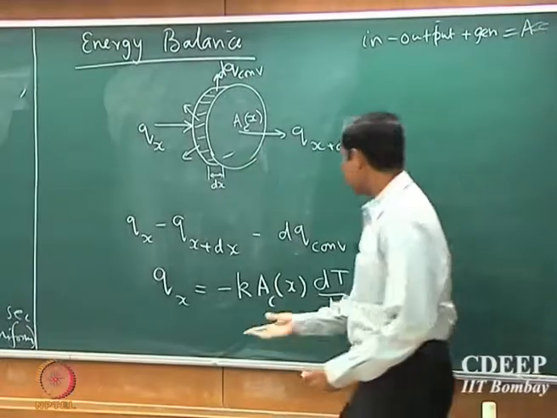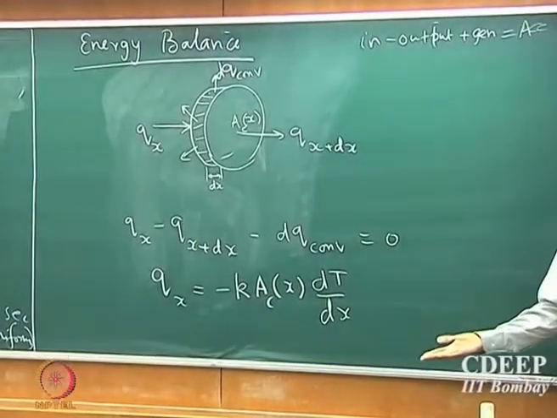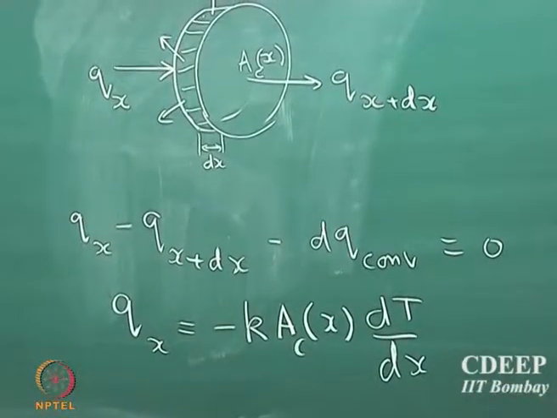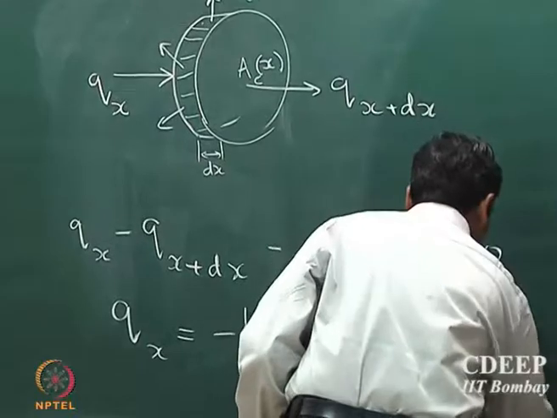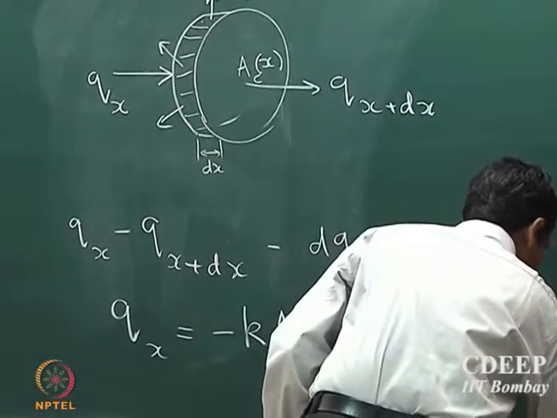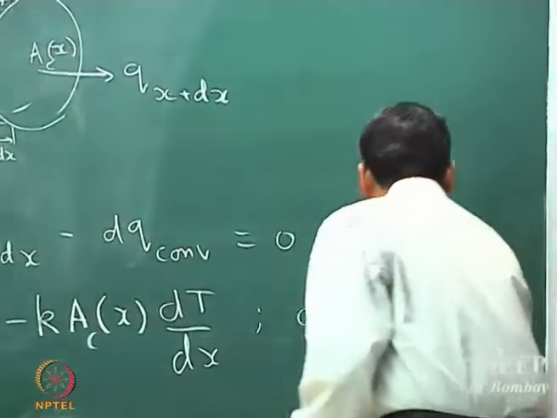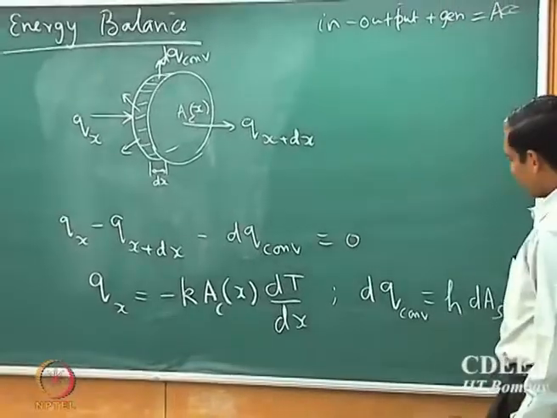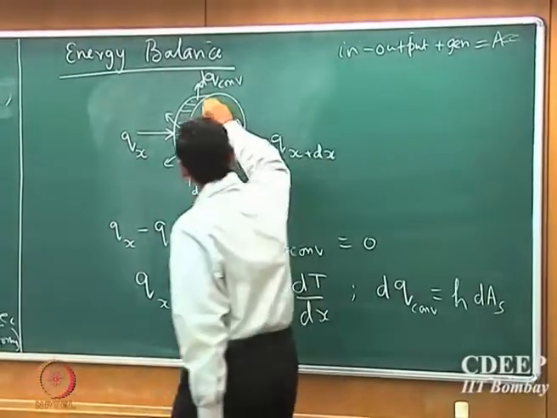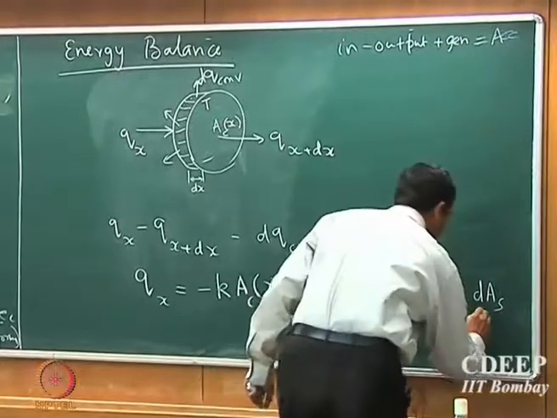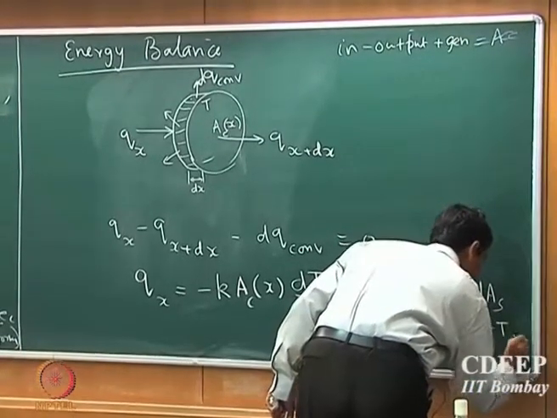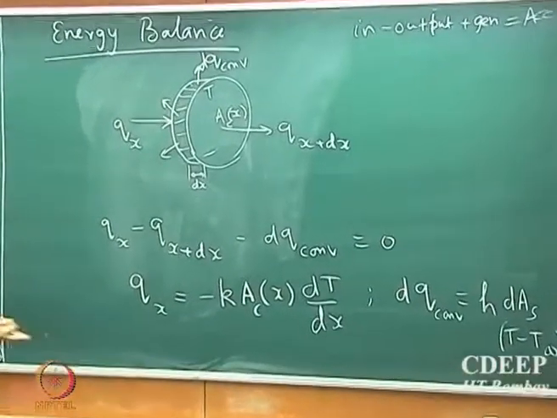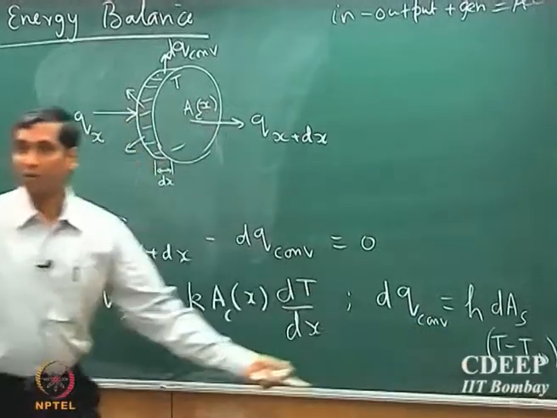Note that in principle the cross sectional area could be a function of the position, so it is a variable cross sectional area problem. Similarly, from Newton's law of cooling, dq convection is the heat transport coefficient h into dAs, and if the local temperature is T, multiplied by T minus T infinity. So that is dq convection. This comes from Fourier's law and this comes from Newton's law of cooling.